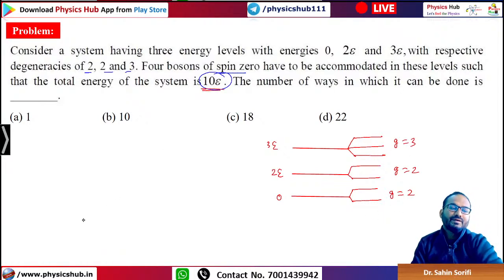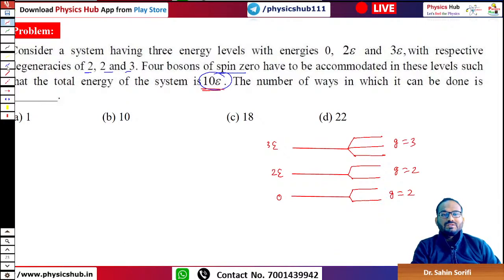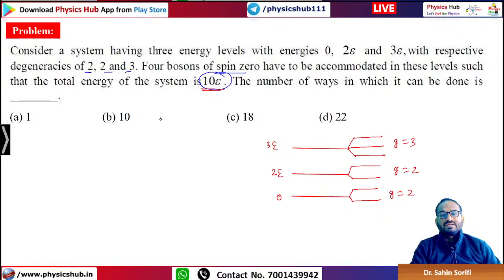So how can you accommodate 4 bosons so that total energy becomes 10E? How many bosons will you keep in the 0 level, how many in the 2E level, how many in the 3E level? How can we make it 10?